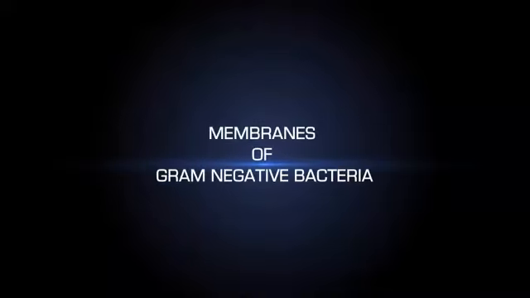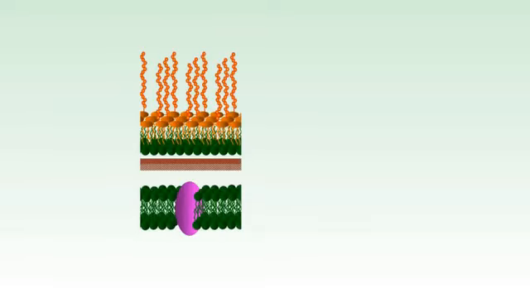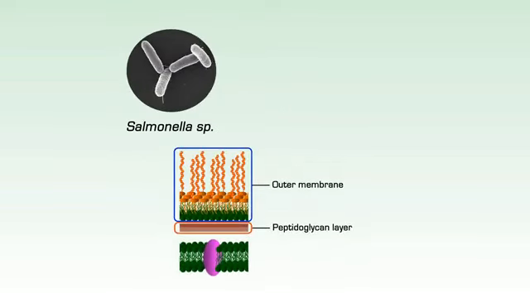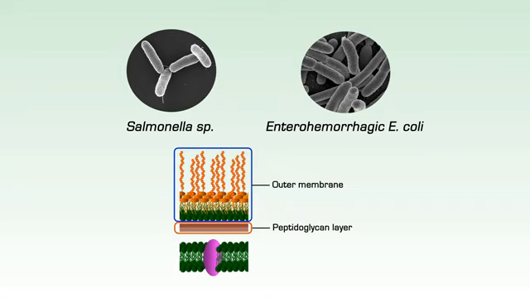Now we'll come to the membranes of gram-negative bacteria. The gram-negative bacterial cell is composed of a thin layer of peptidoglycan, which is found in a single sheet. Further, this peptidoglycan layer is covered by an outer membrane which confers defensive abilities and toxigenic properties on many pathogens, for example, Salmonella species and enterohemorrhagic E. coli.